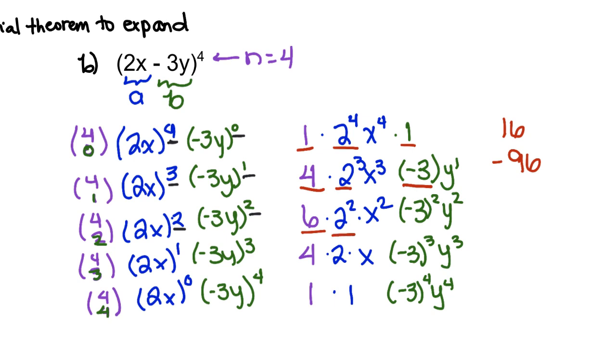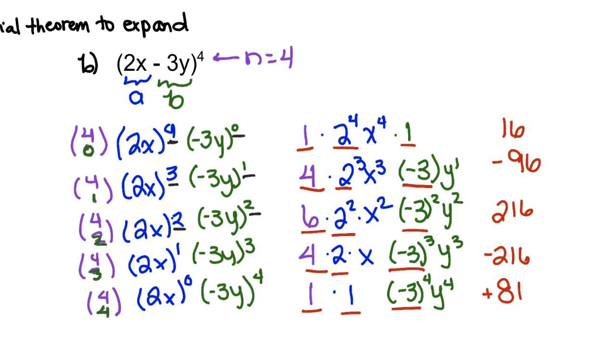So 6, 2 squared, negative 3 squared. Oh, no, I forgot what the number was. 216. 4 times 2 times negative 3 cubed is negative 216. 1 times negative 3 to the fourth is a positive 81.